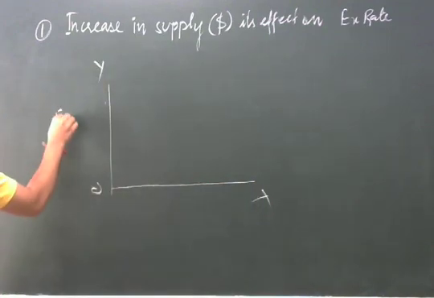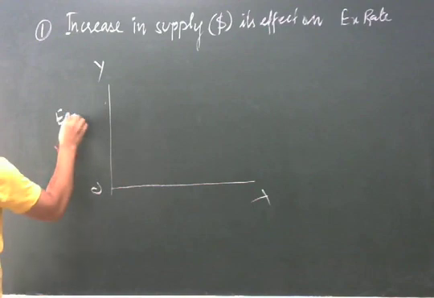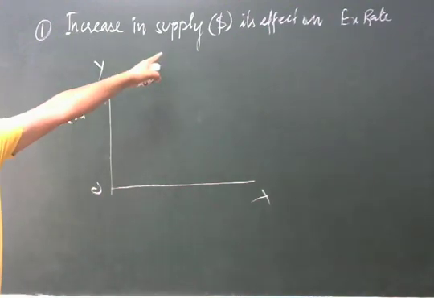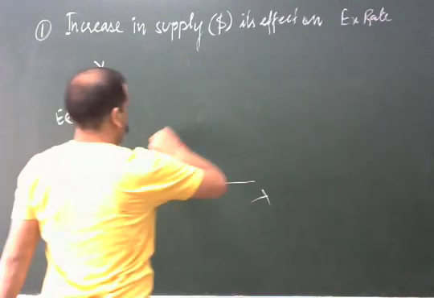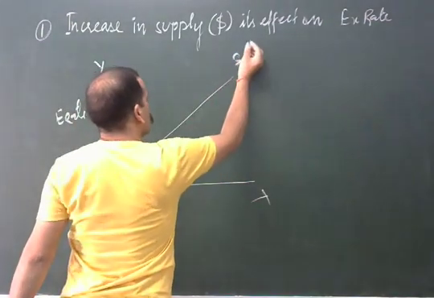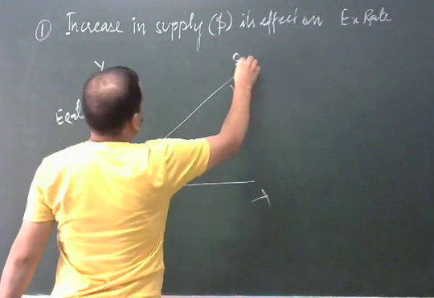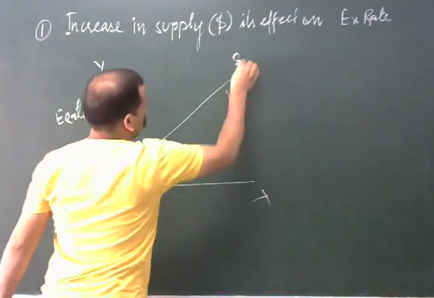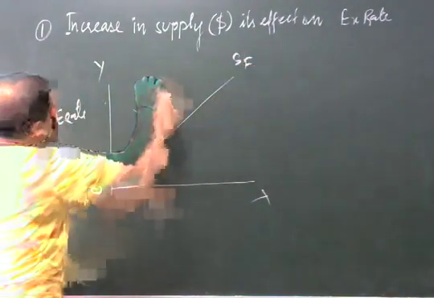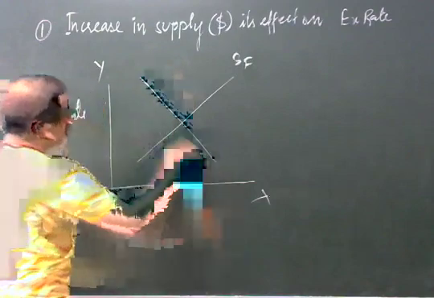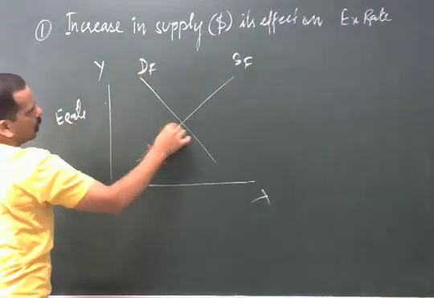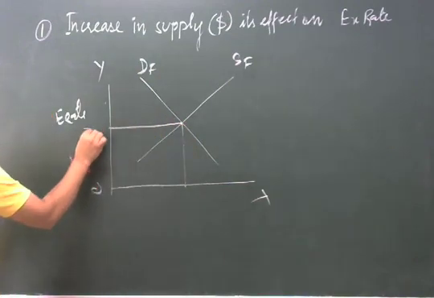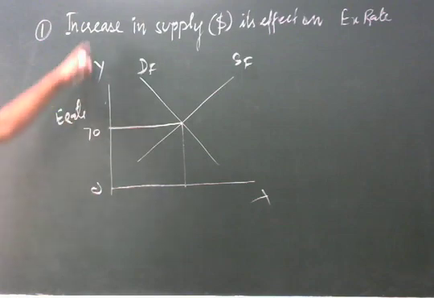Here on the axis is the foreign exchange rate. This is the supply for the foreign currency, and this is your demand for the foreign currency. Now let me determine the initial equilibrium, let's say 70.